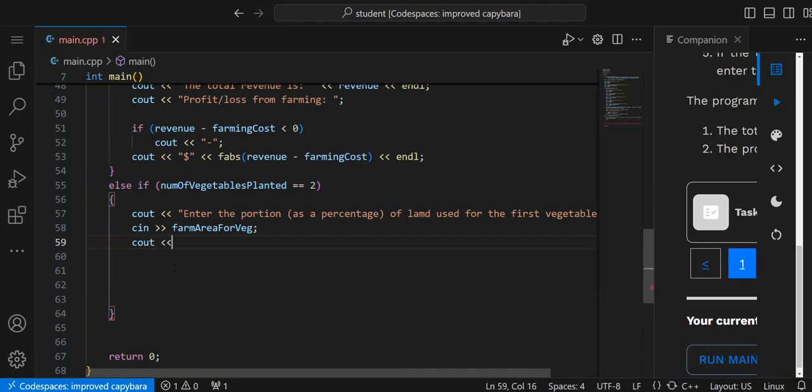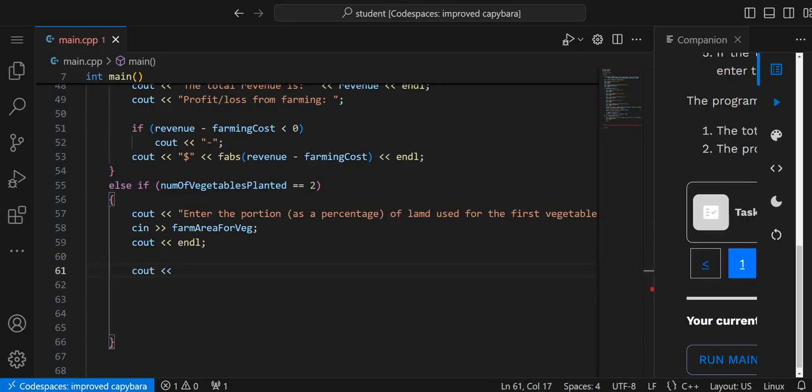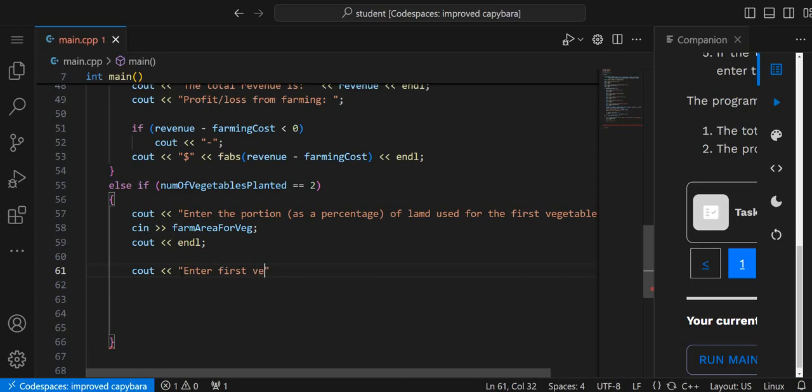Cout. Anyway, this one down there. So next we'll do, yeah, we'll do enter first vegetable seed cost per acre. Dollar amount in there.